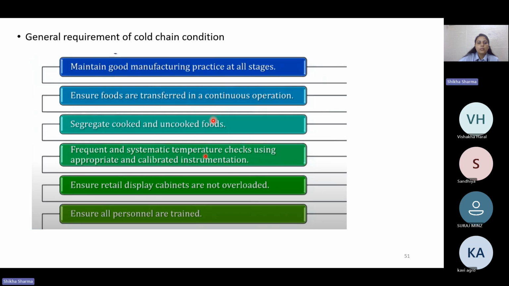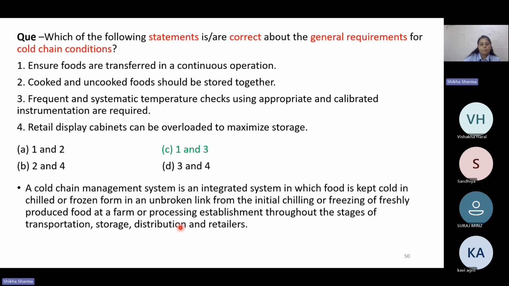So this is correct, that segregation should be there. And frequent and systematic temperature checks using appropriate and calibrated instruments should be there, and ensure retail display cabinets are not overloaded, and ensure all personnel are trained.